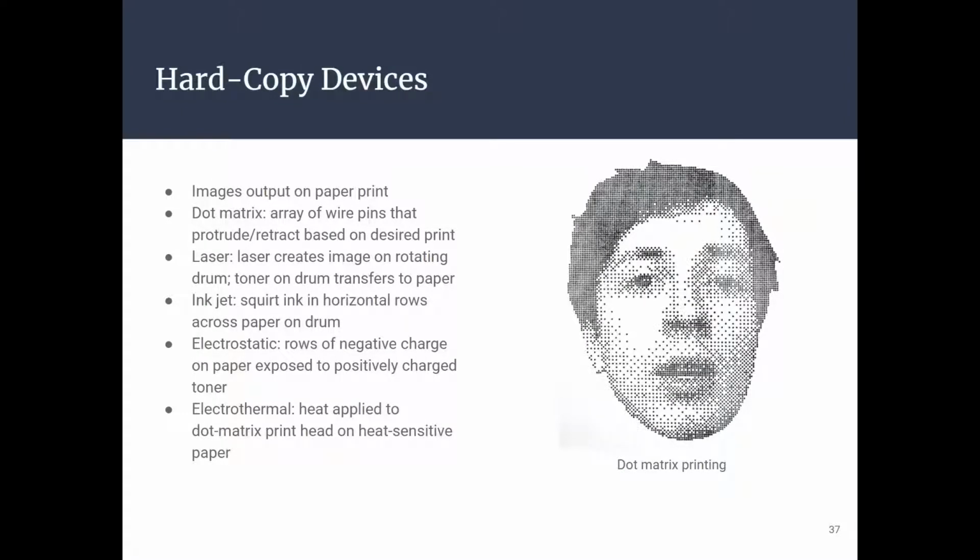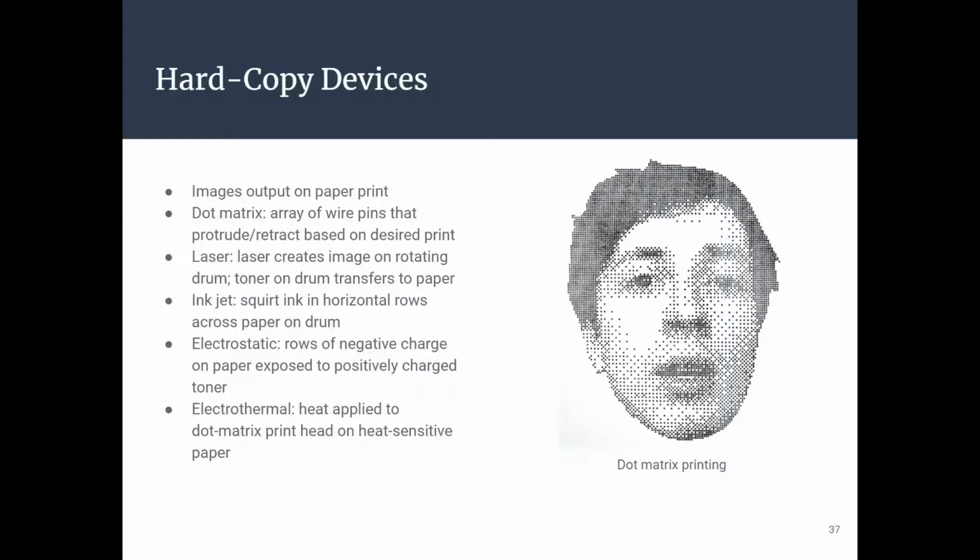Now we'll move on to hard copy devices. When dealing with images, we oftentimes need to display these images on physical media. With a dot matrix, there is an array of wire pins that protrude or retract based on the desired print and how dark we want a region to be.